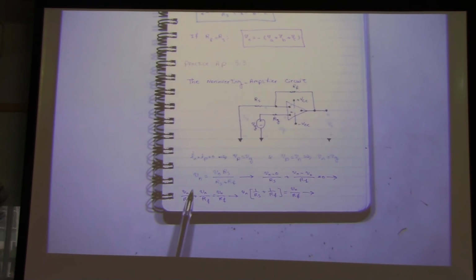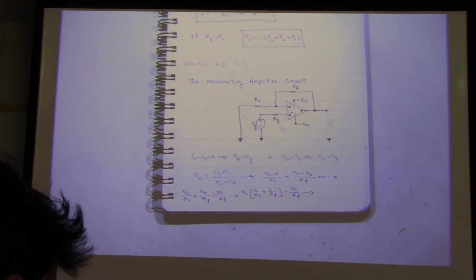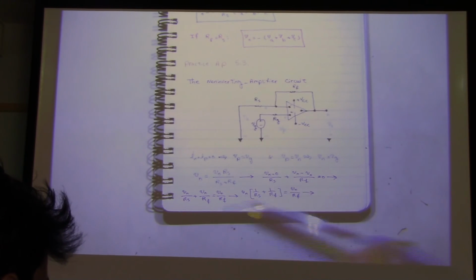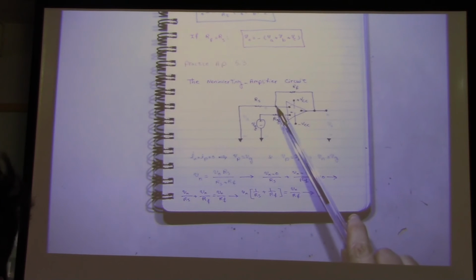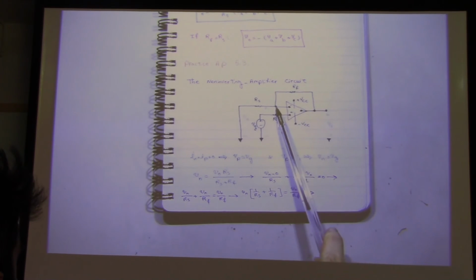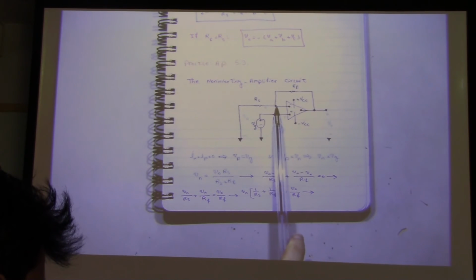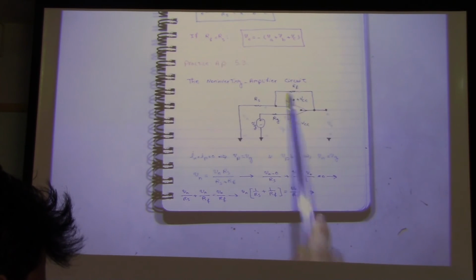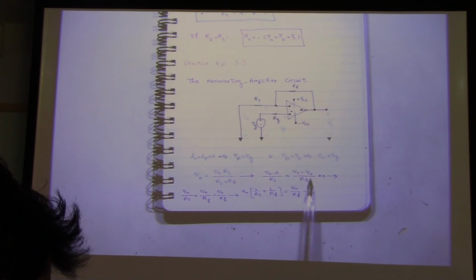Again, if you use voltage divider, you will get something like this. But again, I explained over here for the students who don't know voltage divider or who don't like to use voltage divider. Again, for this node, Vn minus 0 over Rs plus Vn minus Vout over Rf plus In, or minus In, which is 0, is equal to 0.